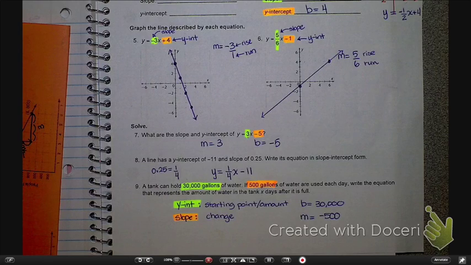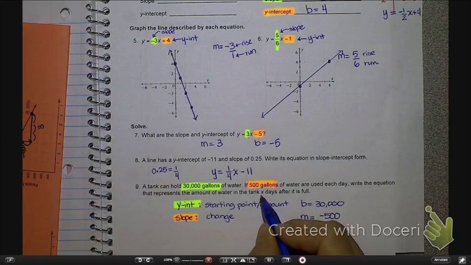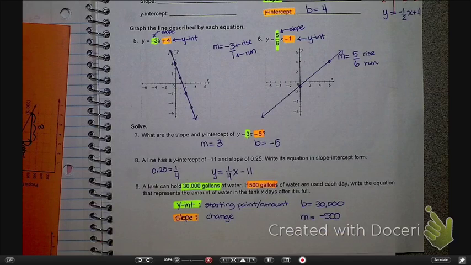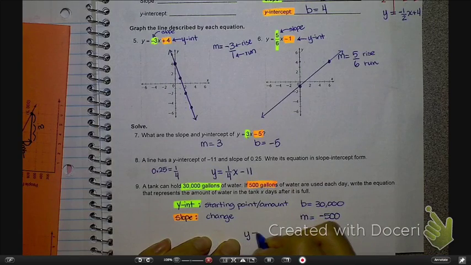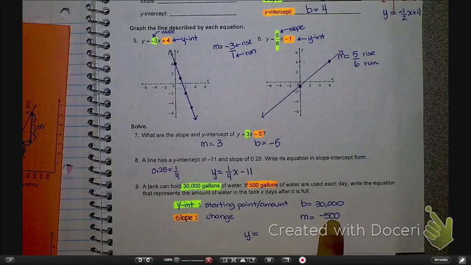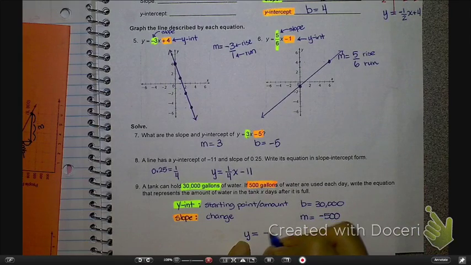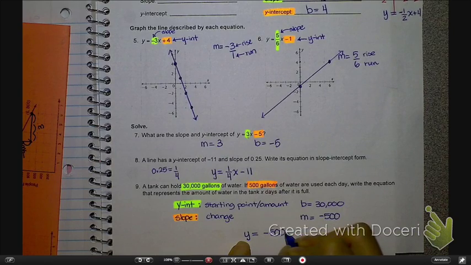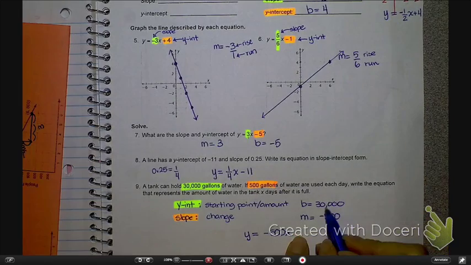Okay, so now that we have our slope and our y-intercept, let's go ahead and write the equation of this line. We're going to use x as one of our variables, and then we can also use y, since we're already talking about the y-intercept. So, y equals m. What is m? The slope. Negative 500 x plus b. What is b?